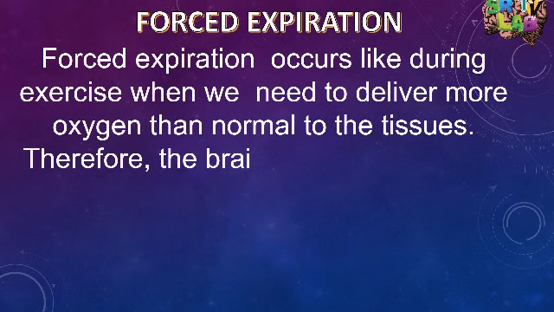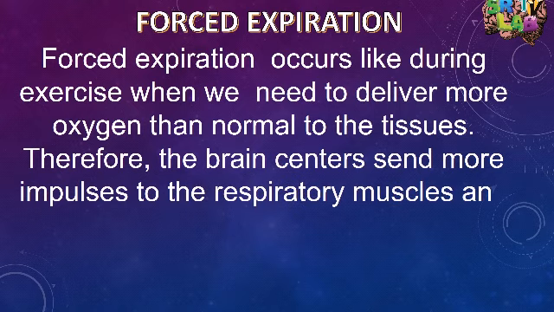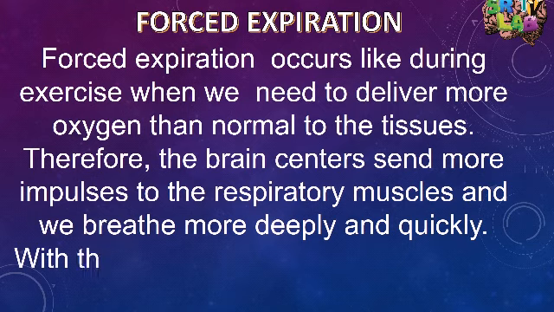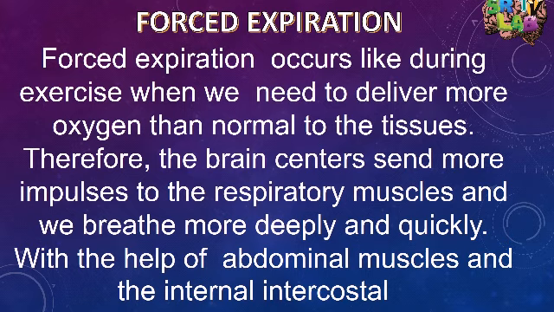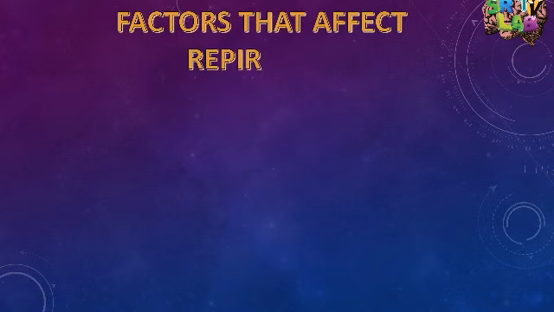Therefore, the brain center that controls the respiration, which is the medulla oblongata, sends more impulses to the respiratory muscles, and we breathe more deeply and quickly with the help of the abdominal muscles and the internal intercostals. Now let's see what are the factors that affect respiration.